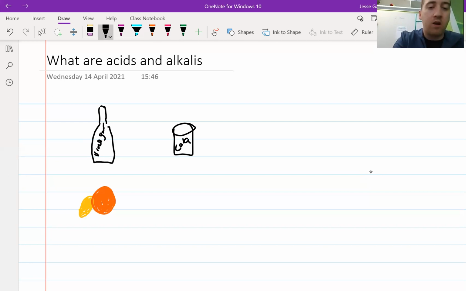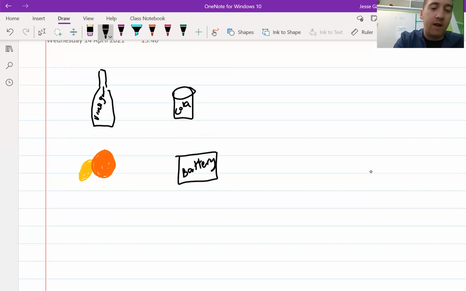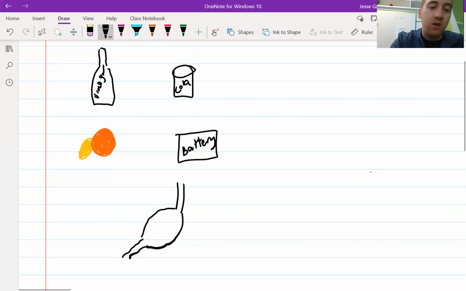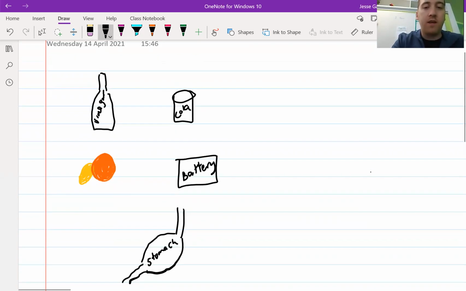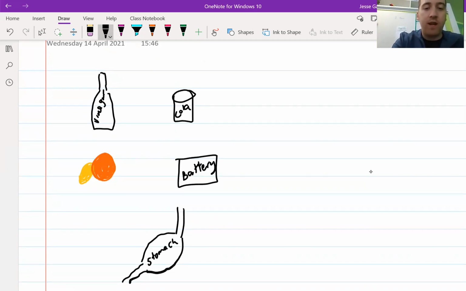Batteries tend to work on acids, particularly car batteries. And for anyone studying biology, we'll find acid in the bag at the bottom of your esophagus that we call the stomach. So all of these are examples of everyday acids.